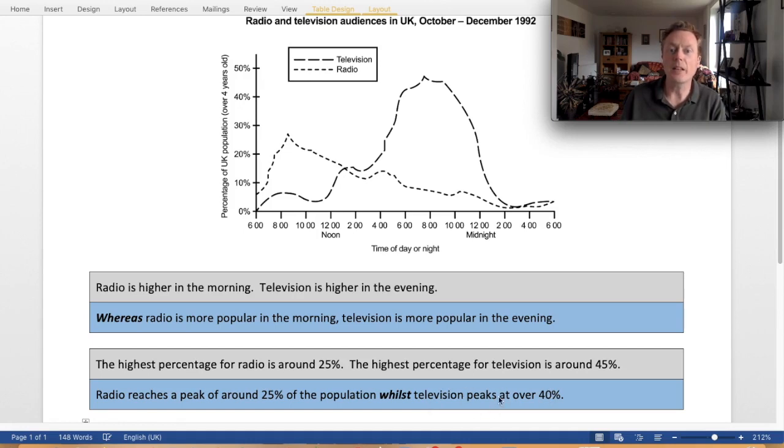Here, peak is our verb. In the first clause, radio reaches a peak of around 25%. Here, our verb is reaches, and peak is a noun. So although we repeat the word peak, here it's a noun, here it's a verb. So that shows that you can use the same word but in different forms.